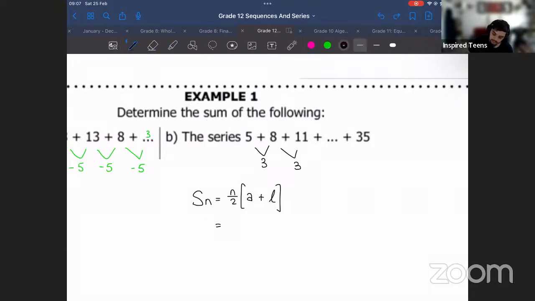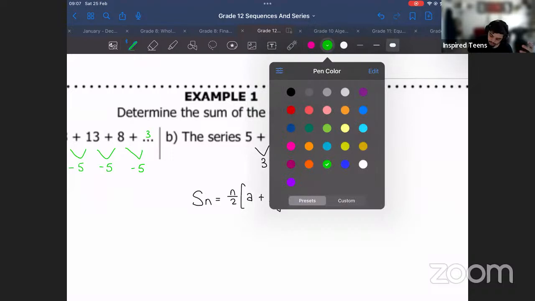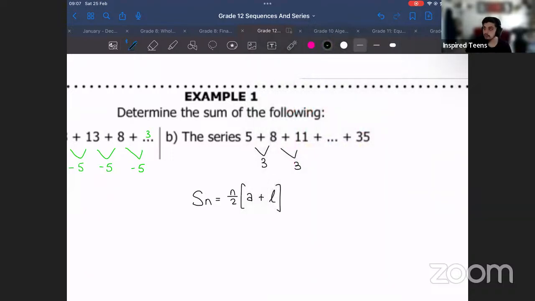Okay, any ideas? Somebody tell me in chat, how are we going to get the total amount of terms in this pattern? How would we know that? How could we get the total number of terms in this pattern? General term equals the last term.